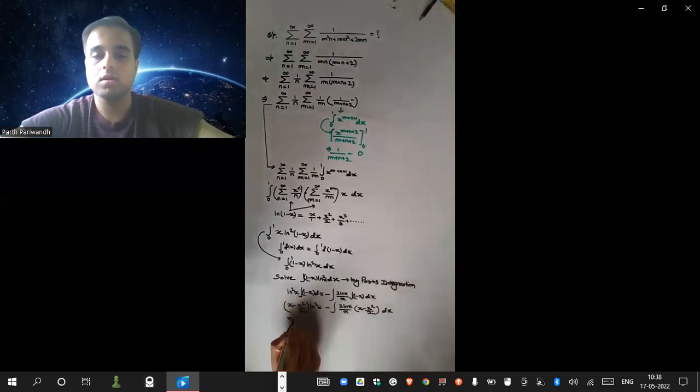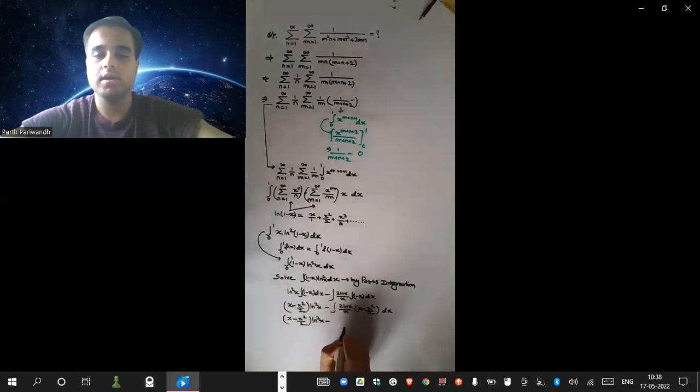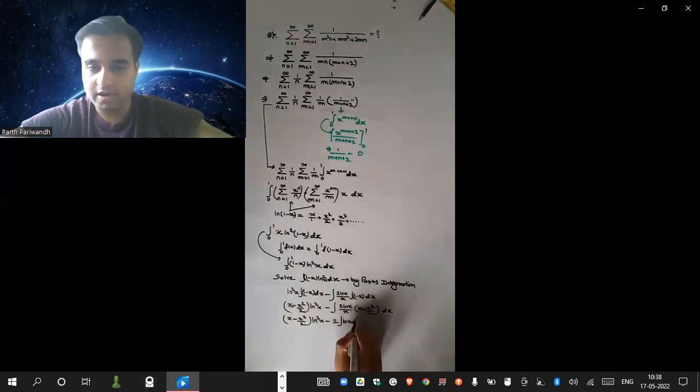So (x minus x square by 2) into natural log square x, minus, now we will separate it: 2 times the integral of natural log of x, because the denominator x and the numerator x inside the bracket will cancel out each other.